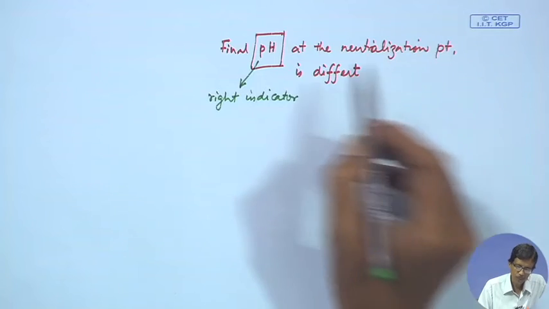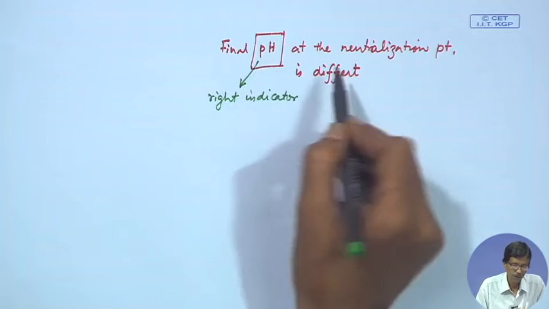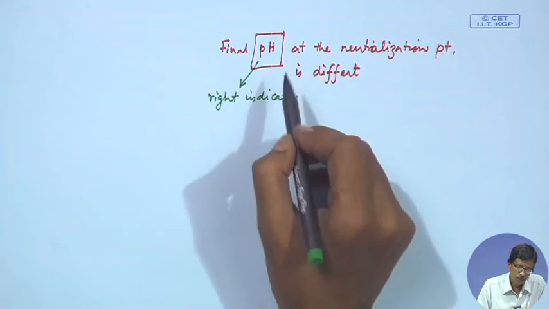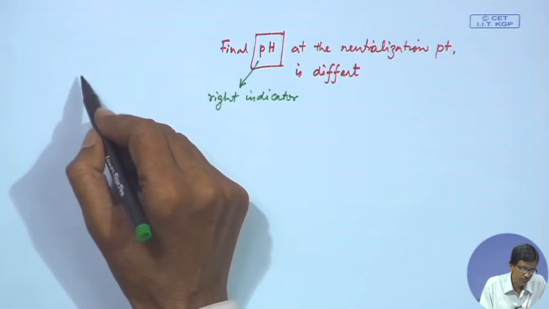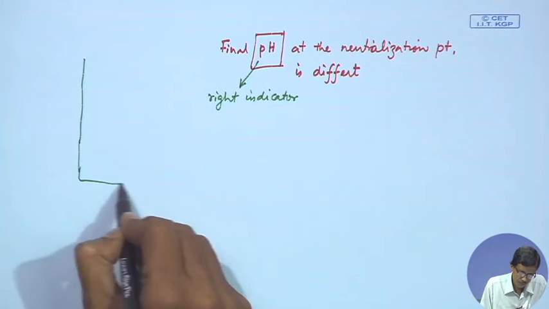So, we must have some good knowledge about the final pH for the end point of a particular titration. This pH basically changes over a considerable range.